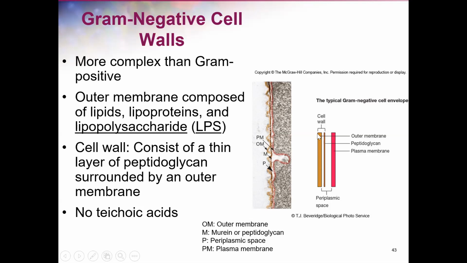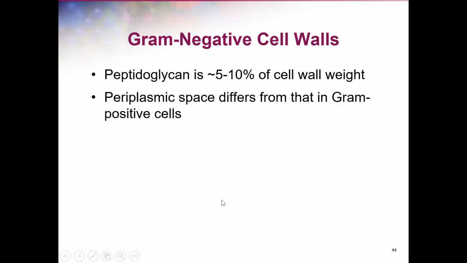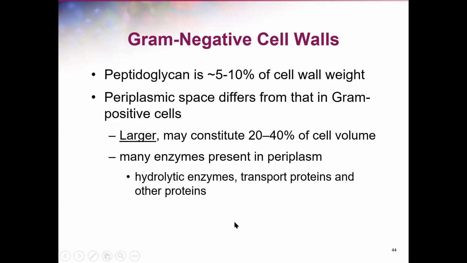So for gram-negative, when we talk about the cell wall, it actually contains two parts. One is the outer membrane, the LPS-dominated structure, plus the traditional cell wall, the peptidoglycan.